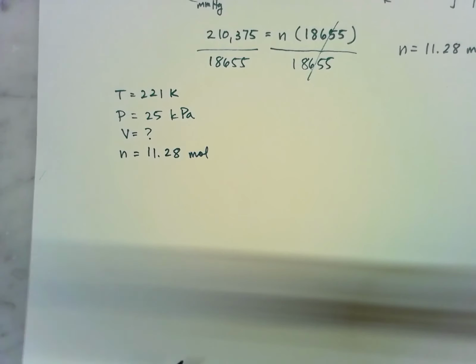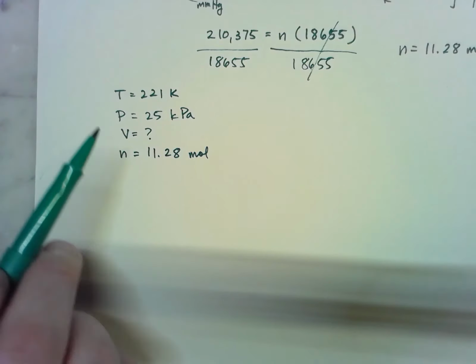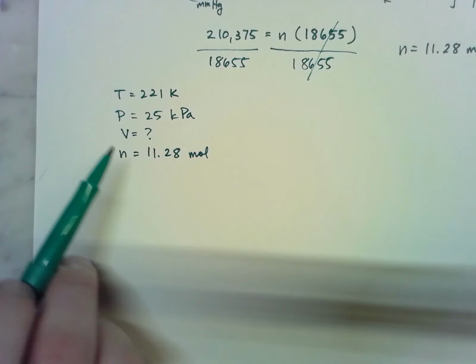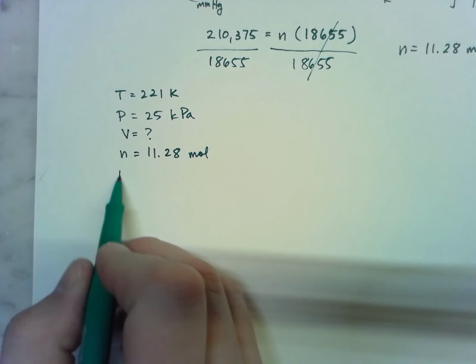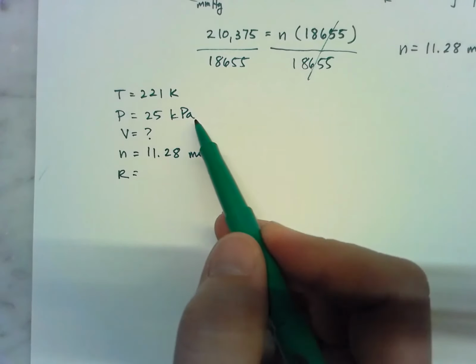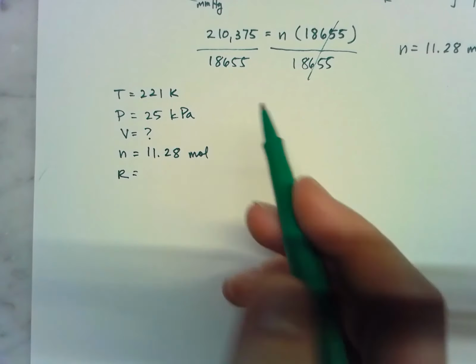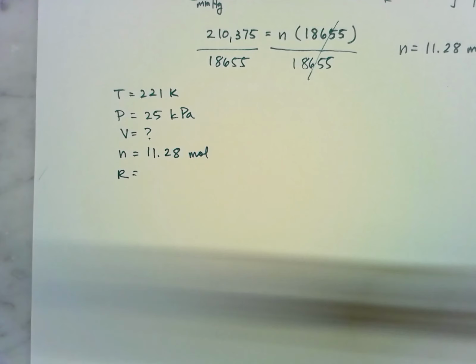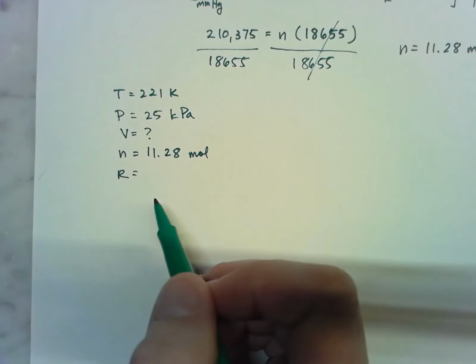All right, so what are we missing? We've got P, V, N, R, T. We're solving for V, so we just need to figure out what R is. Now notice we've switched up units. So no problem for y'all, I know you know what to do. But we'll be back on 235, and which R should we use?